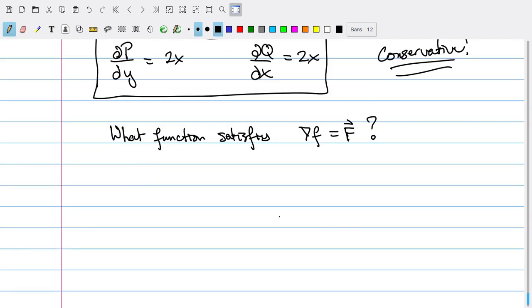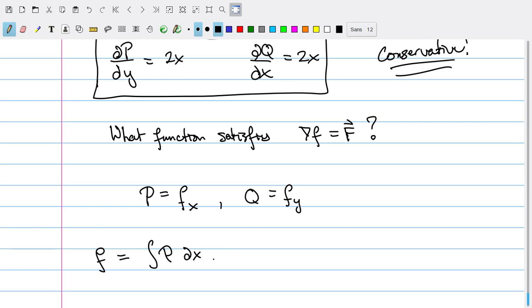I'm going to remember that if the gradient of little f is big F, that's going to say that P should be little f sub x, and Q should be little f sub y. So if P is little f sub x, then if I were to integrate P with respect to x, I should end up with f again. But because I took a partial derivative, I need to do a partial integration.